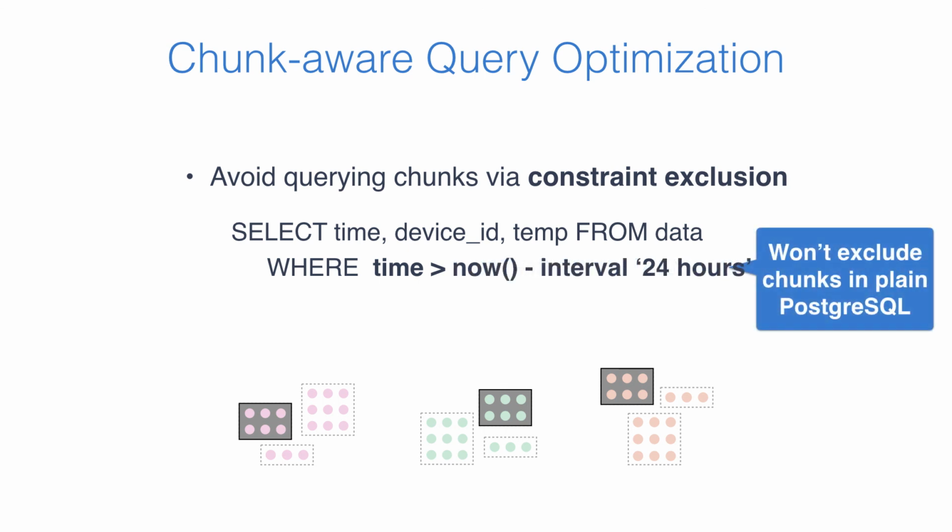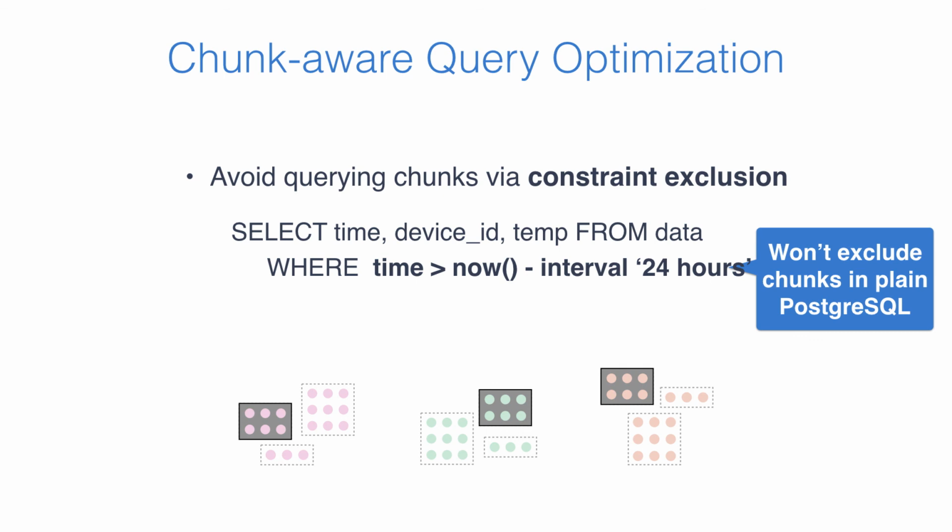And even though this kind of constraint exclusion is a feature that's built into Postgres, when it comes to time, native Postgres is not powerful enough to exclude things when you do math on it, because of time zone issues, etc. We fix this, so we allow you to do proper constraint exclusion.